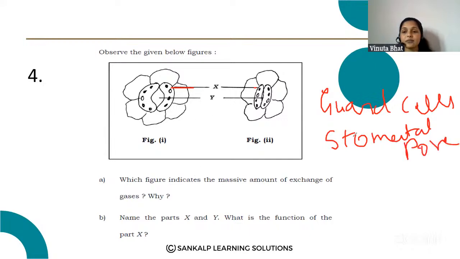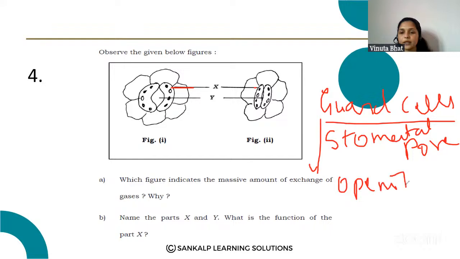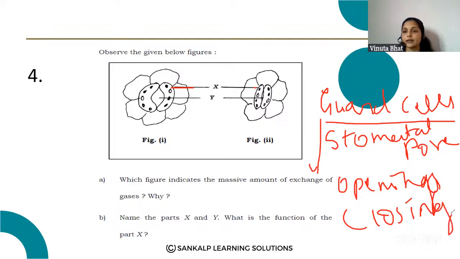What is the function of the guard cells? They help in the opening and closing of the stomata. The opening and closing of the stomata is controlled by the guard cells. That is the function of the guard cells.